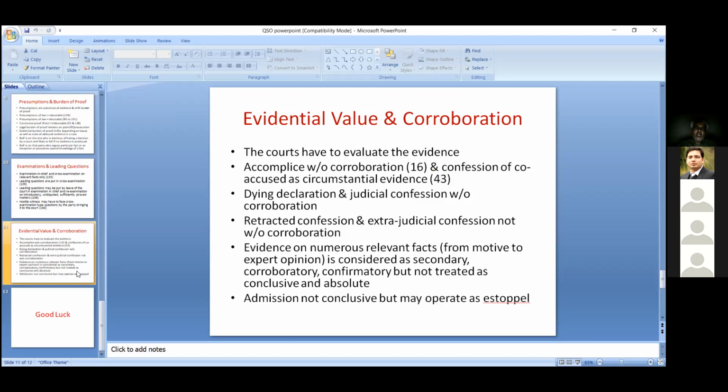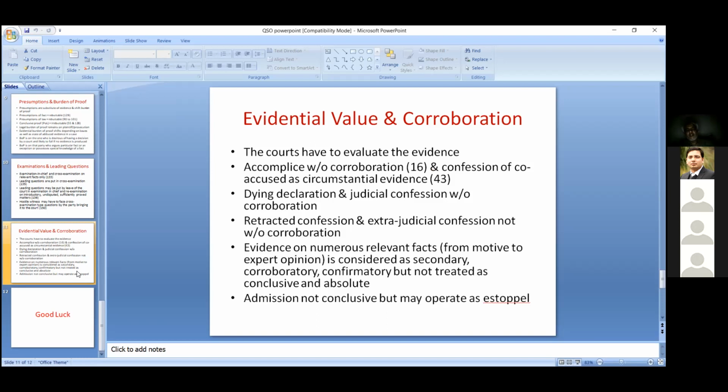But how far those pieces of evidence possess evidential value has not been dealt with in the law of evidence. So that question is left open to the court to determine on the basis of the quality of each and every piece. And similarly, who is a competent witness is something else. But how far that competent witness is reliable has not been specifically pointed out in the law of evidence.